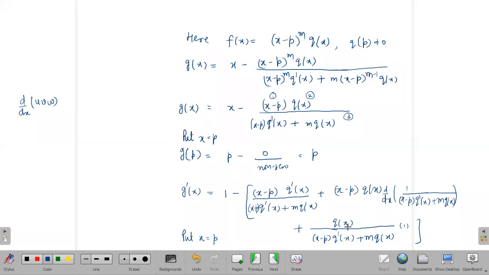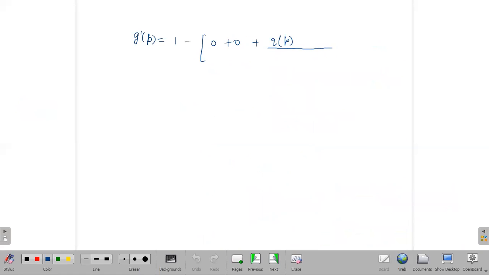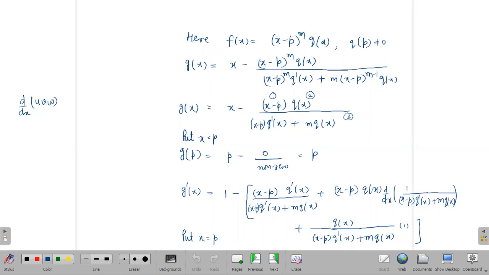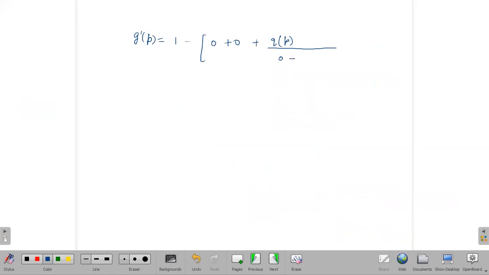And if you put x is equal to p here, so that will be q of p in the numerator and 0 for this term because it is x minus p multiple, and plus m times q of p. So this is simple Newton method. So here I write q of p divided by m times q of p. So this gets cancelled because it is non-zero. So we can cancel it, 1 by m.